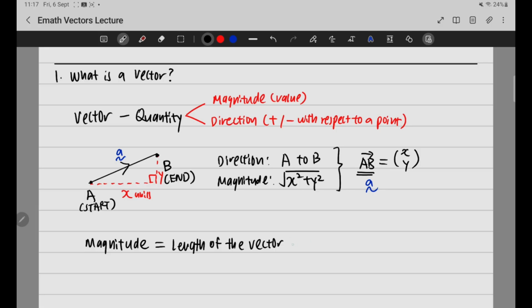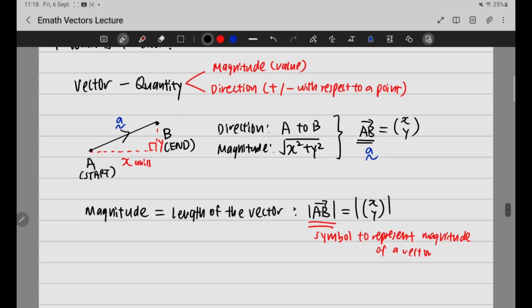In this case, the symbol for length or magnitude will be the modulus of AB. So this will be the symbol that you will always use to represent the magnitude of a vector. Or in other words, you can also write this as the modulus of (x, y).